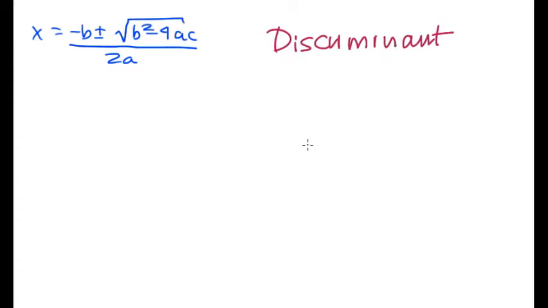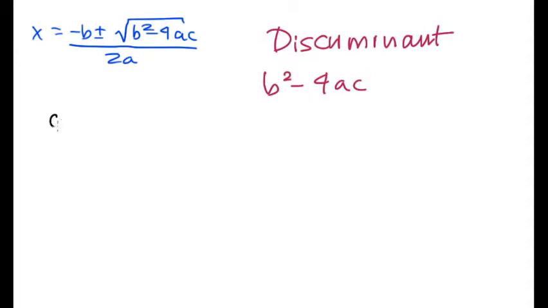Even if we don't solve the equation, we can tell where the roots are generally going to be or what they're going to look like just by looking at this discriminant part, b squared minus 4ac. So there are a couple of cases for what happens when you plug in this discriminant.